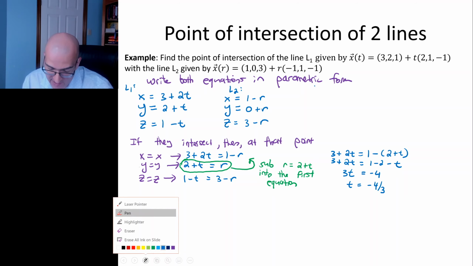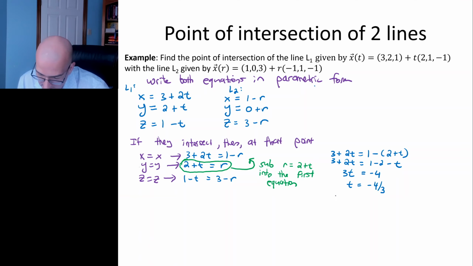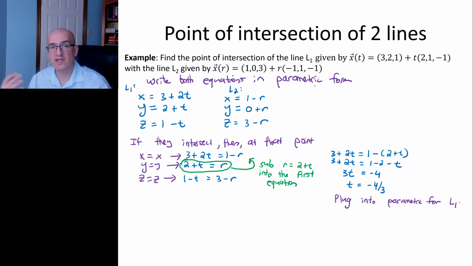Now we plug that back into the parametric equations for line 1. Notice that we have to plug it into line 1 because line 1 is the line with the parameter t. We can't use the value of t as the value of r in the other line.